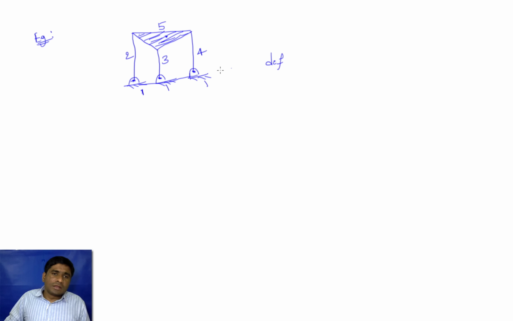All these links are only connected by revolute joints. Whenever there is a revolute joint with only 2 links, we can simply count it. So in this case, what is n? n equals 5.